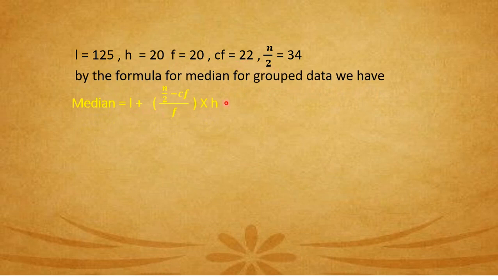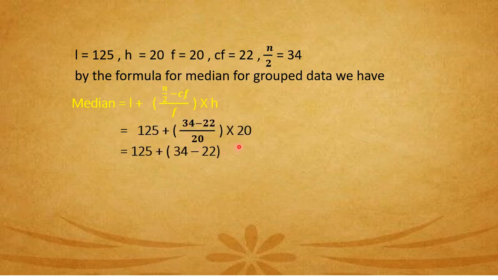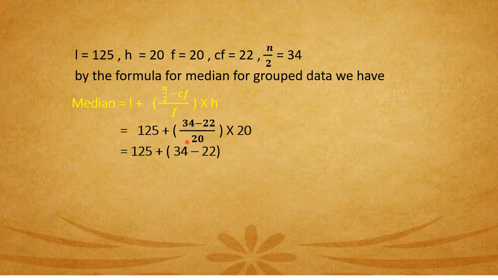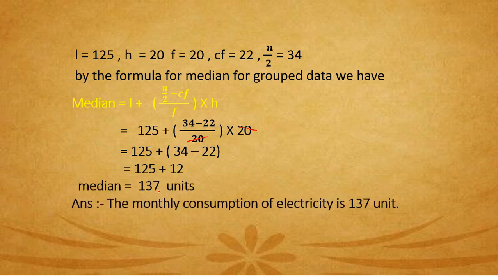Now we have the values L is 125, h is 20, f is 20, Cf is 22, and n by 2 is 34. By putting these values in the formula, median is equal to L plus (n by 2 minus Cf) upon f into h, we get 125 plus (34 minus 22) upon 20 into 20. Now this 20 and this 20 cancel out. So we get 125 plus 34 minus 22, which is 125 plus 12, that is 137.